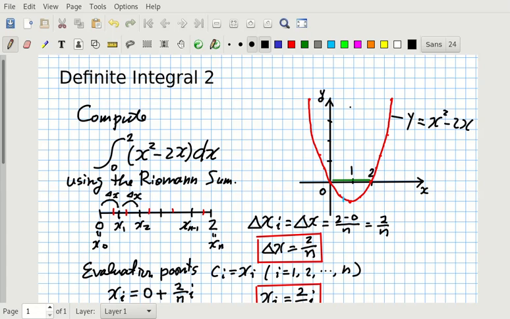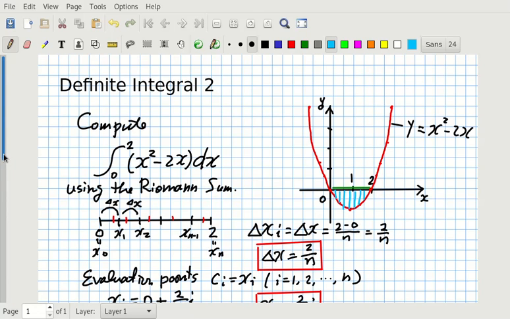The interval is 0 to 2, so the graph is below the x-axis. Therefore the integral calculates this part, which has negative values, so the result is negative.